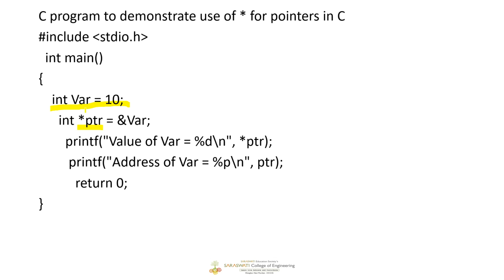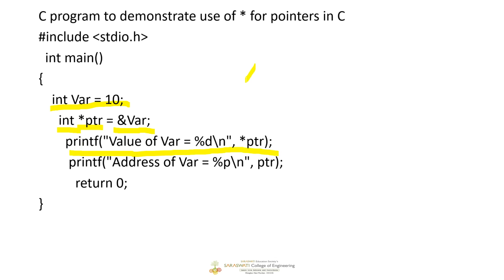So ptr is a pointer type variable, and again int, because it will store the address of an integer type variable, and ptr is storing the address of var. See, ampersand var means address of var. We are simply printing printf value of var is equal to star ptr.